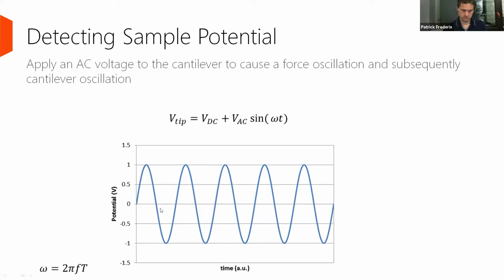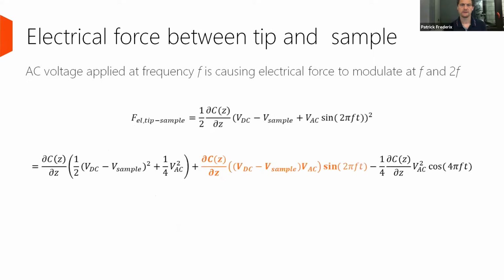That would look for the potential like this, and you can do that with a frequency F. If you fill that into the equation that we had on the last slide, you get here the DC components, the sample voltage, the DC tip voltage, and there the AC voltage. It's exactly the same equation as before. There's a minus missing, but that should make the big difference.